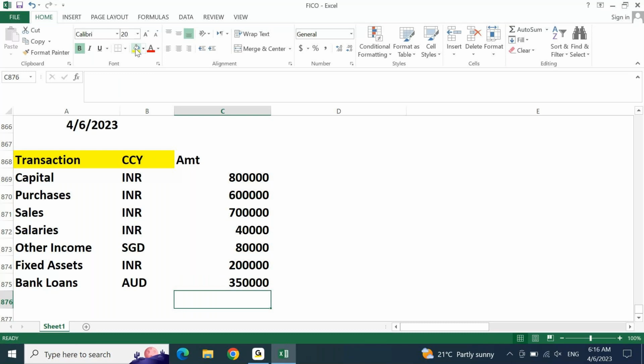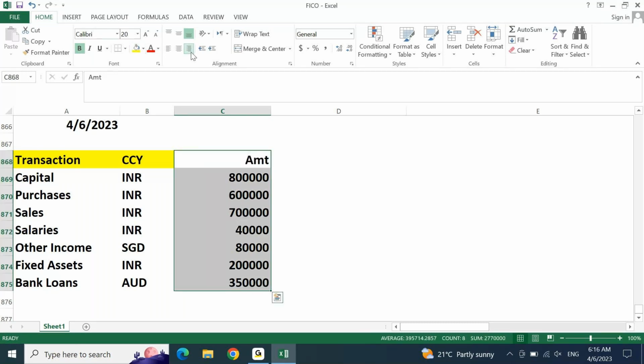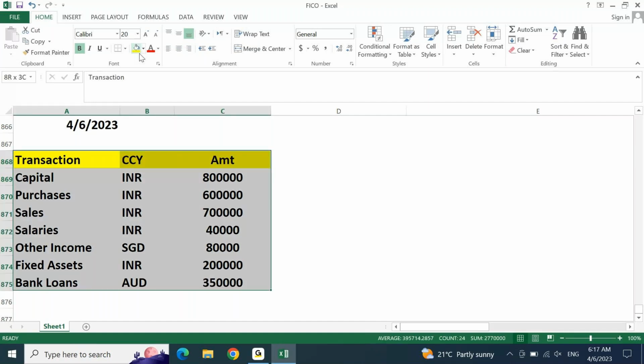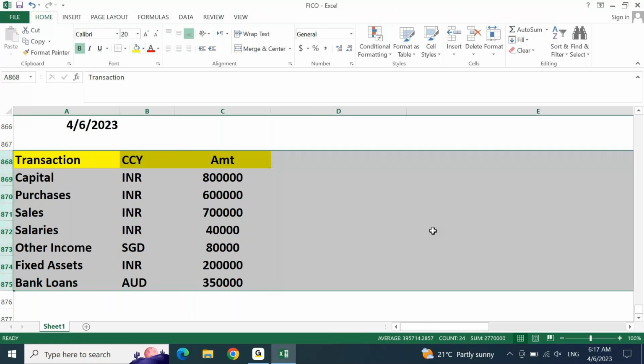Let's say these are my transaction amounts. Clear these three points? Any doubt in this? No, sir.